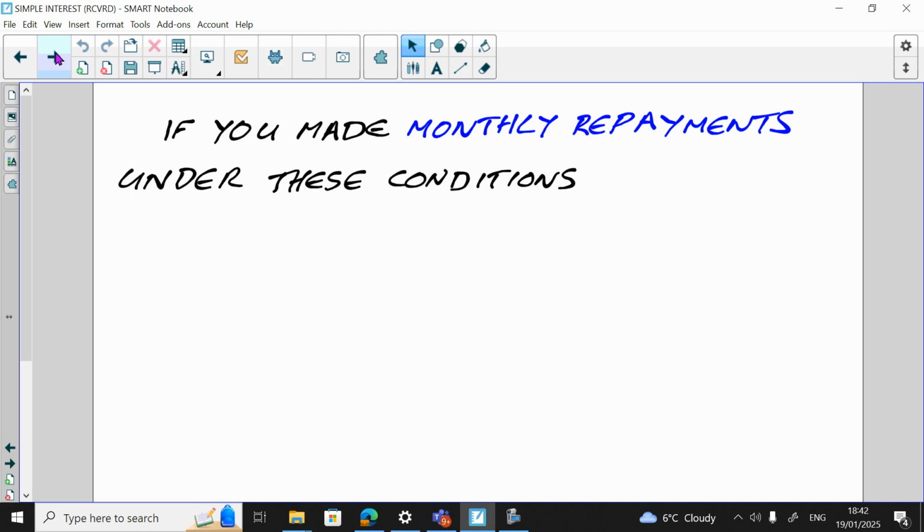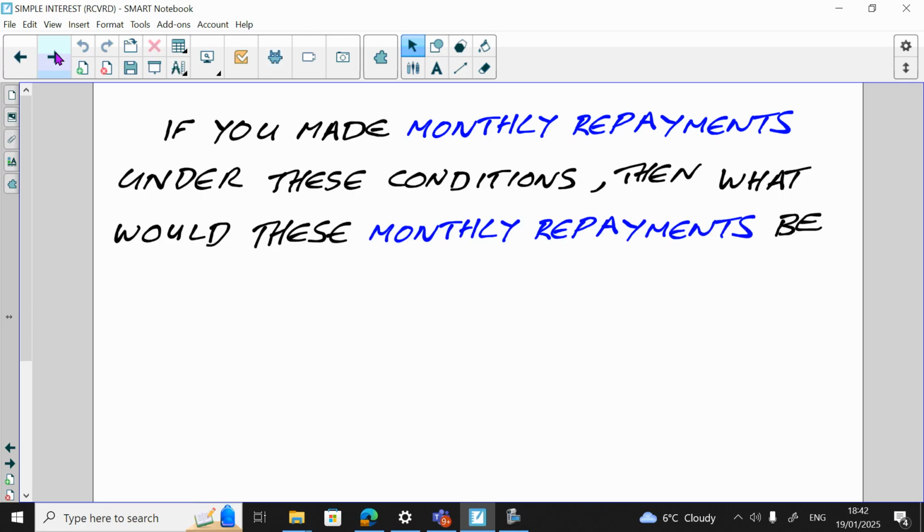So let's move forward. And like it says, if we paid these repayments under the conditions, then now we're interested in monthly repayments, because who can pay back every year?